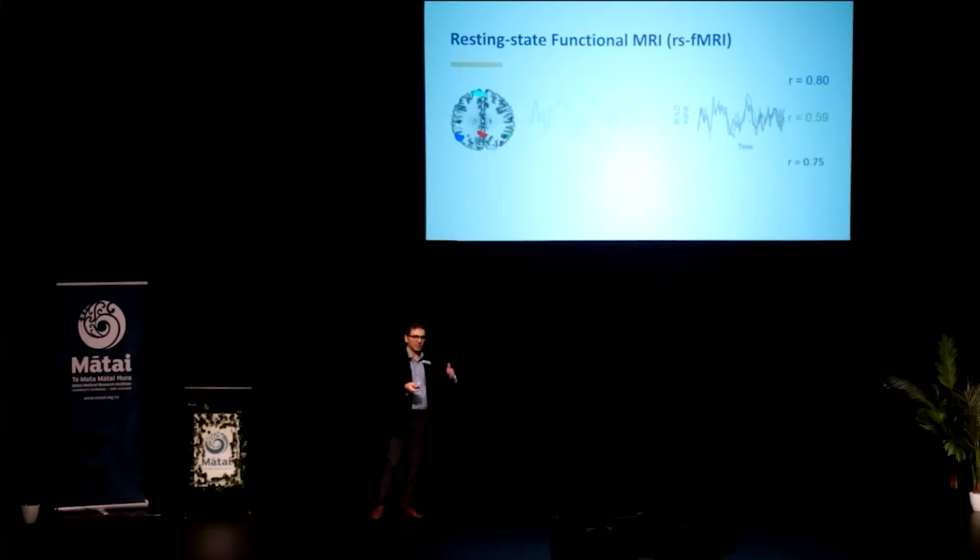These areas that have the same pattern are called functional connectivity networks, and this is what we measure with resting state functional MRI. And there are many of these functional connectivity networks. One of the most famous ones is the default mode network, as you can see here.